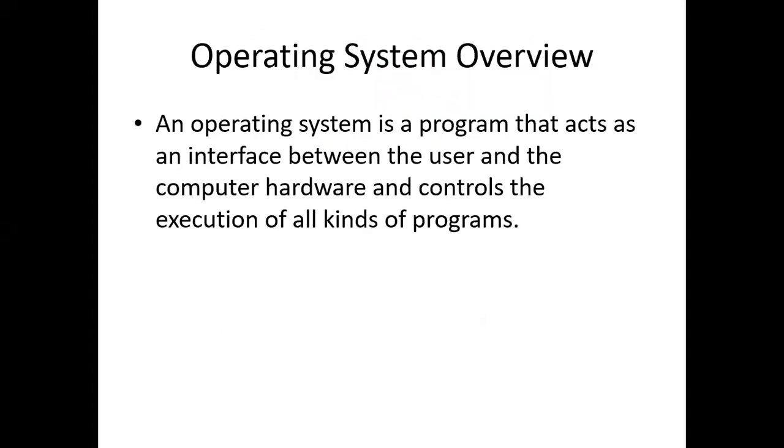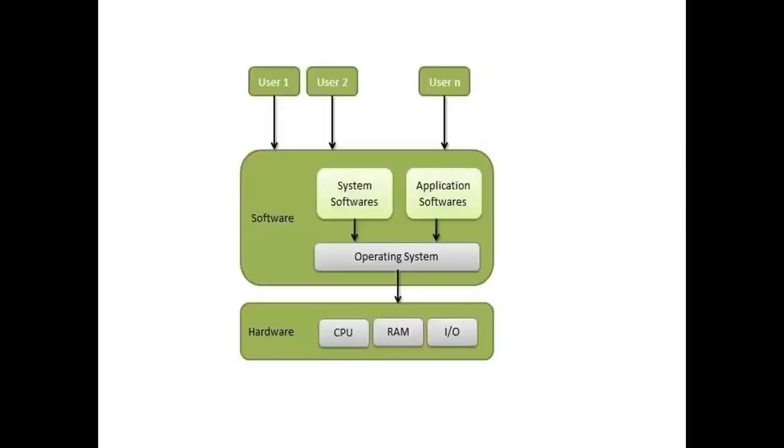All right. Looking at the overview, an operating system is a program that acts as an interface between the user and the computer hardware and controls the execution of all kinds of programs. What does that mean? Let me show you in image form.